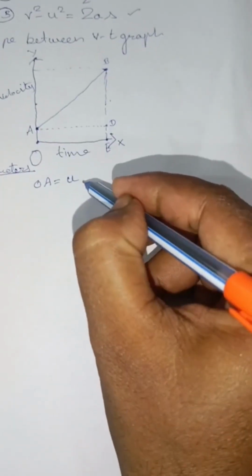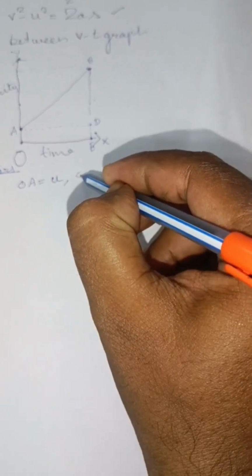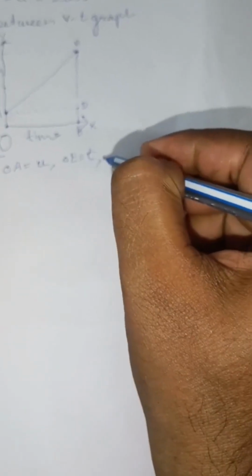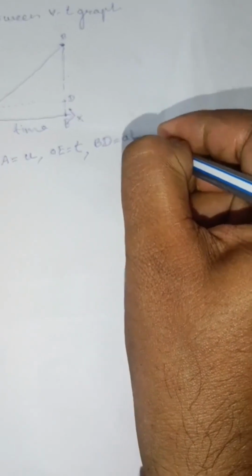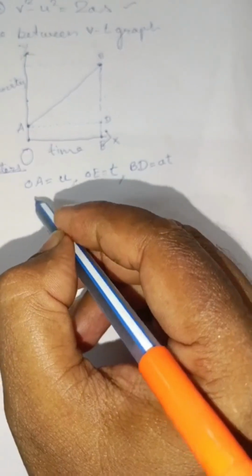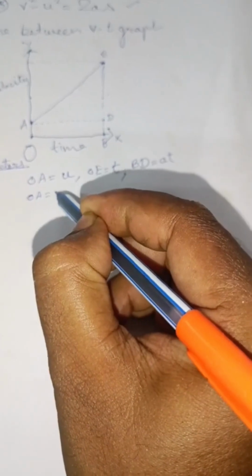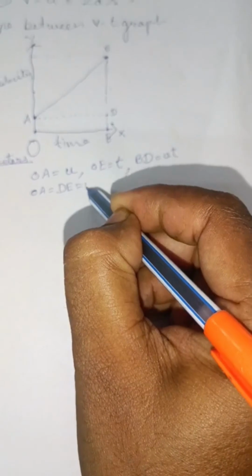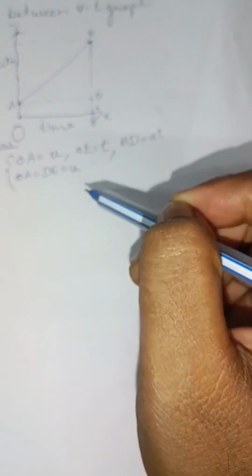O to E is considered as t, the time axis. B to D is considered as at, which we will come to know step by step. We can also write OA equals DE, which is also called u. Both these terms are the same.